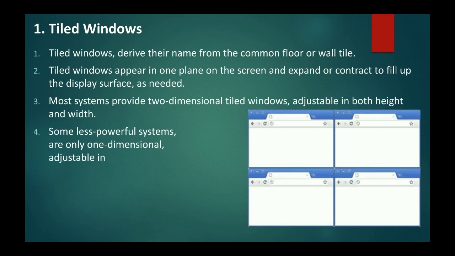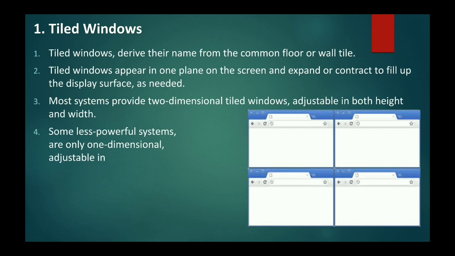Right now the screen is divided into four quadrants because of the four windows. Imagine if you have six windows, then the share of the screen will also be less.